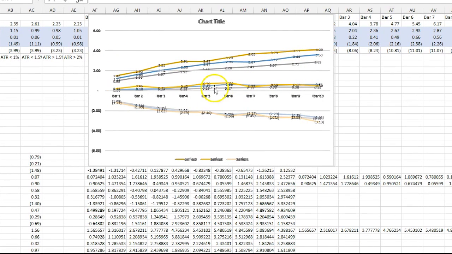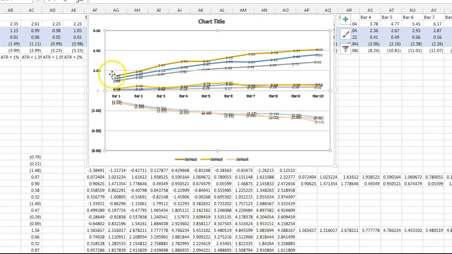And this gray cone shows day 1 through, or bar 1 through bar 10 on the daily chart, and it's showing this gray upper line, gray middle line, and the gray lower line.